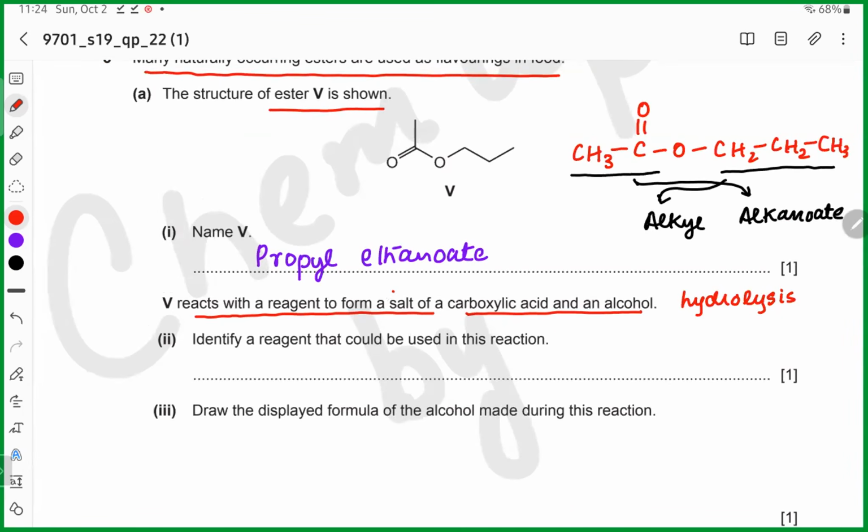We are getting a salt of a carboxylic acid, not a carboxylic acid. So first the carboxylic acid will form and it reacts with the alkali, and that's why we are getting the salt of the carboxylic acid, which means that it is an alkaline hydrolysis. And in alkaline hydrolysis, we can use sodium hydroxide.